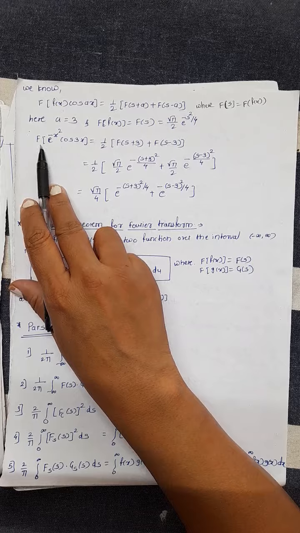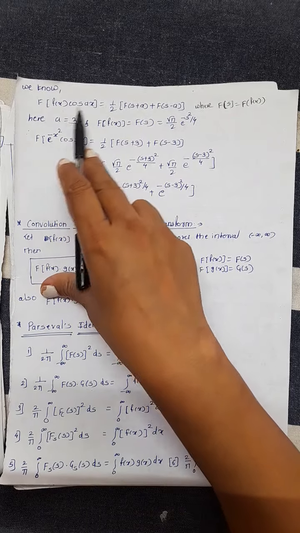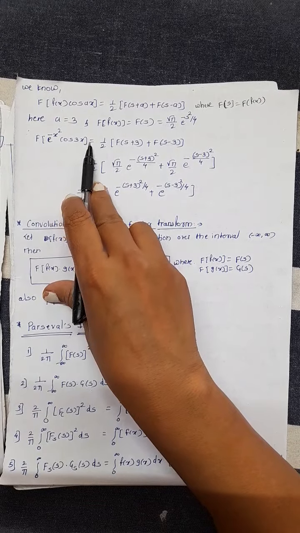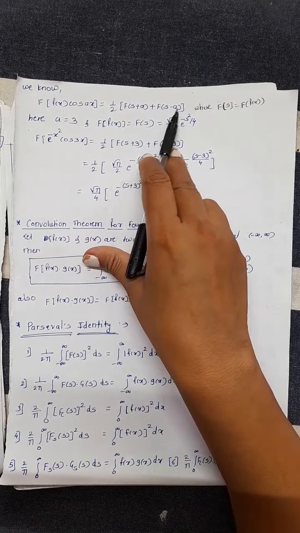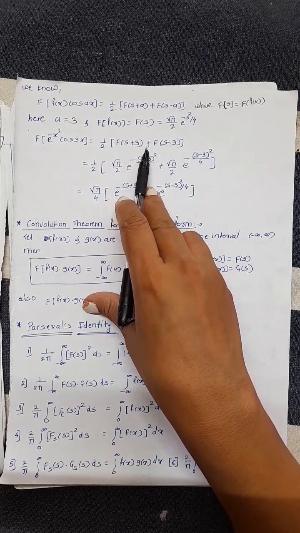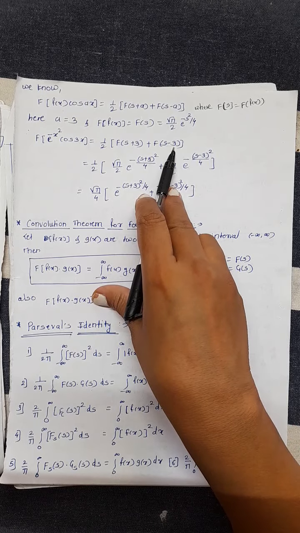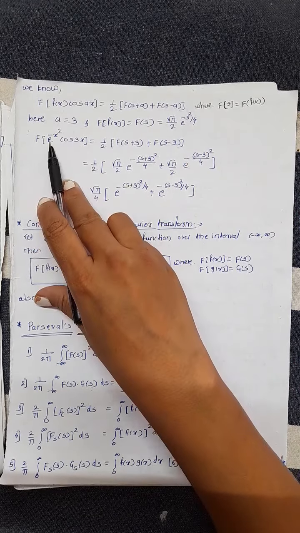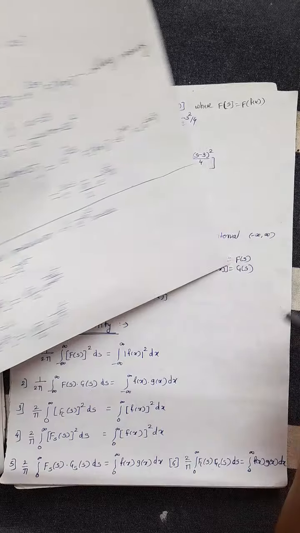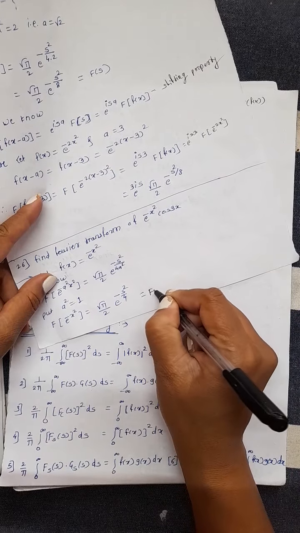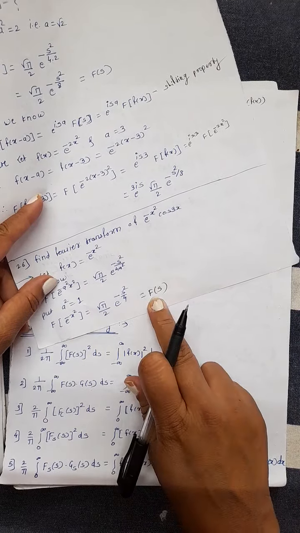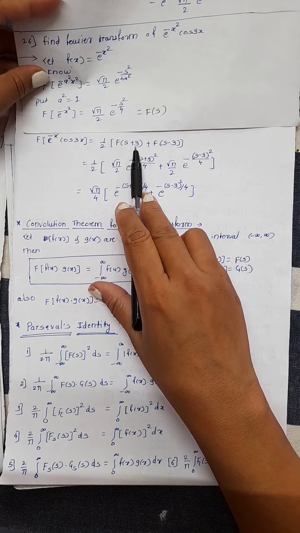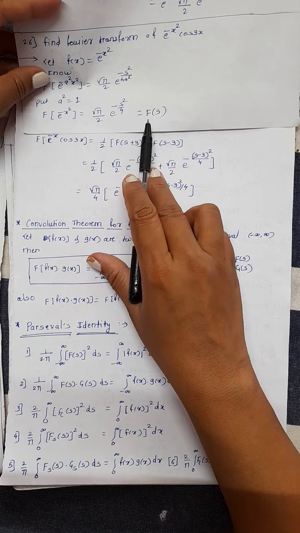Therefore the Fourier transform of e^(−x²) cos 3x, by this modulation theorem, becomes half, just replace a by 3, F(s + 3) + F(s − 3). What is F(s)? The Fourier transform of this f(x), that is, of e^(−x²).